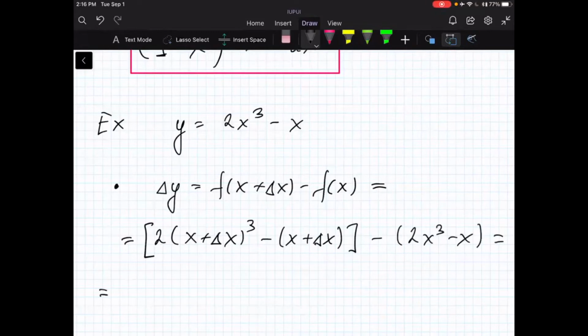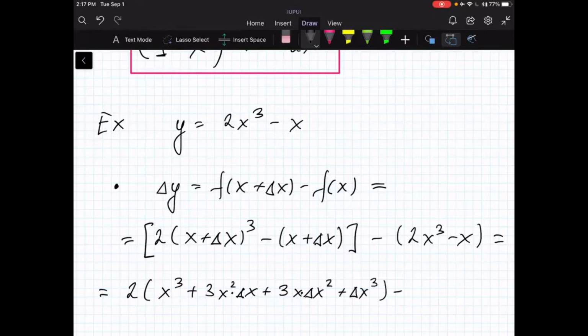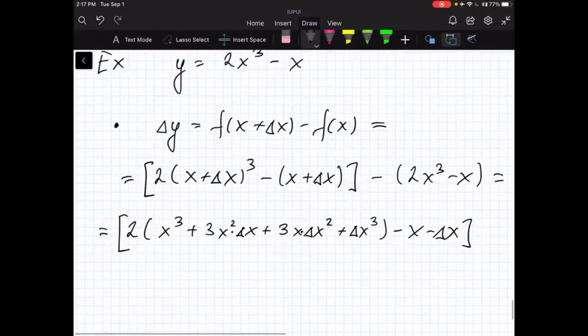And again, if I expand the cube power, I'll get 2 times x cubed plus 3x squared delta x plus 3x times delta x squared plus delta x cubed, minus x minus delta x, and then minus 2x cubed plus x.